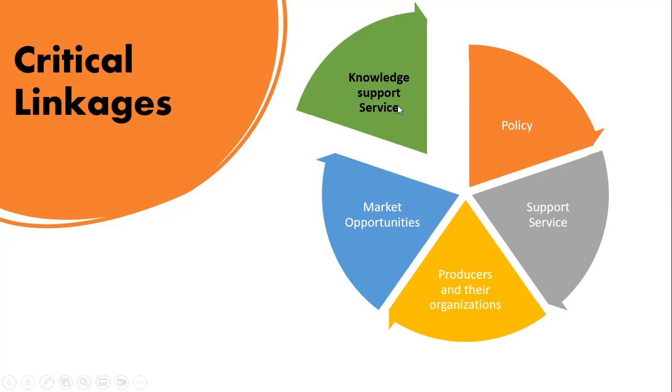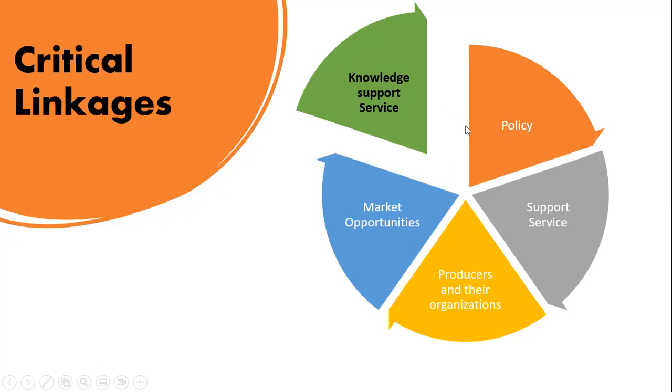Therefore, any policy or any practice, if you go to implement it in the field, all the critical linkages should be on one platform, interlinked, and all the people should get together and take their decisions. The knowledge support services, policy people, support services, producers, and the market, right?